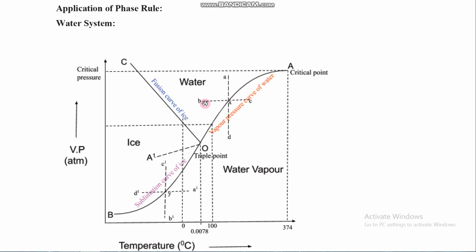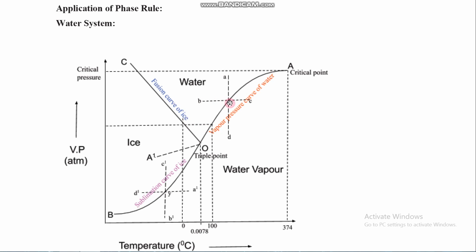So that is represented by XB. Correct? So here point B represents the liquid phase. Therefore, the area occupied between the OA and OC curves is due to liquid water.